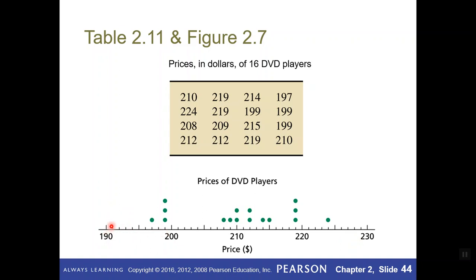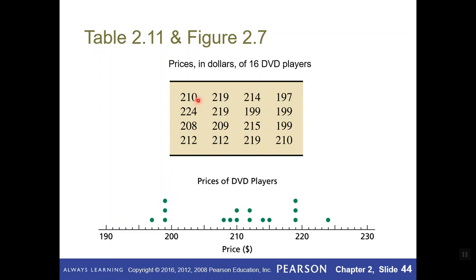I can represent 191 here, this 192, 193, 194, 195, something like that. So I can represent all values from 190 to 230. 210 goes here. Here 210, so this dot belongs to 210.